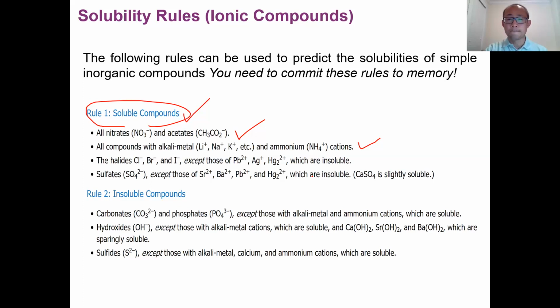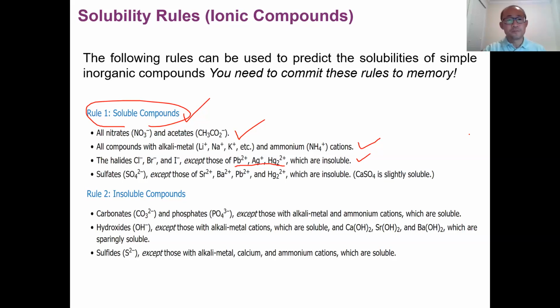Number 3, halides, meaning compounds containing chlorine, bromine, iodine. These are mostly soluble, except when they are paired with lead, zinc, silver, and mercury. That means silver chloride is not soluble because silver is an exception for chloride. Most chlorides are soluble.